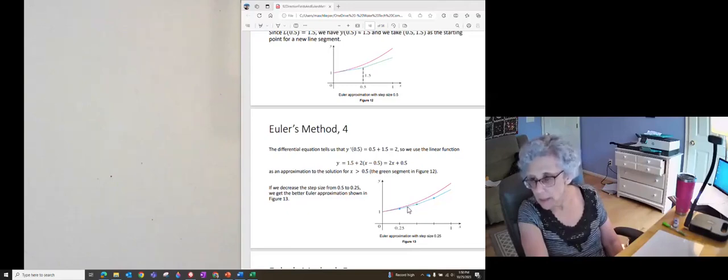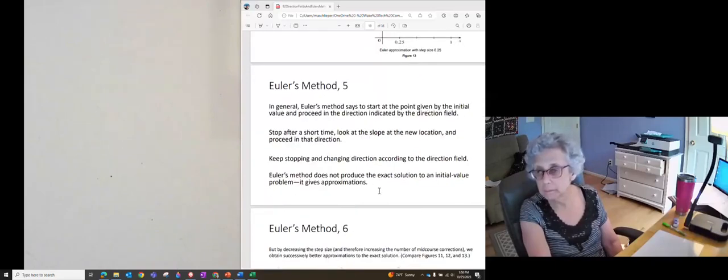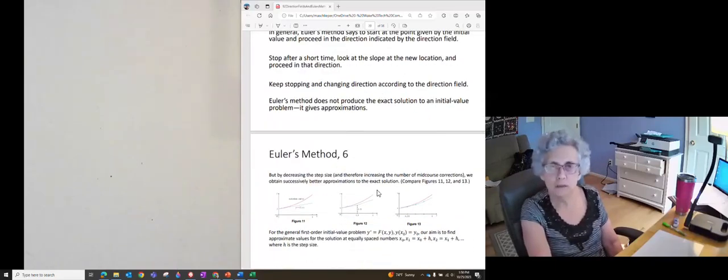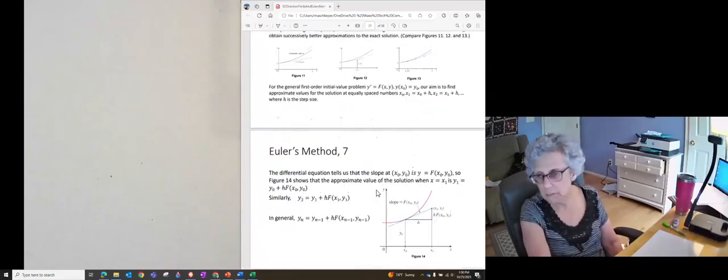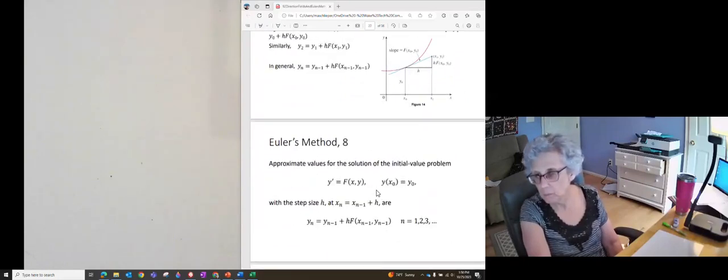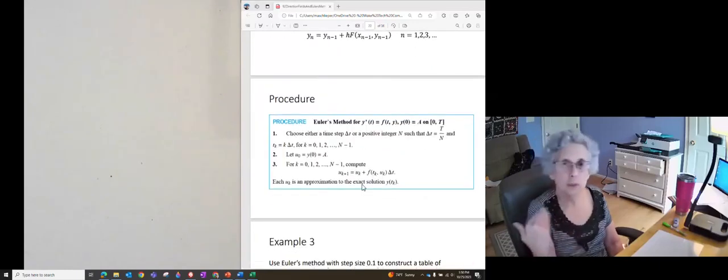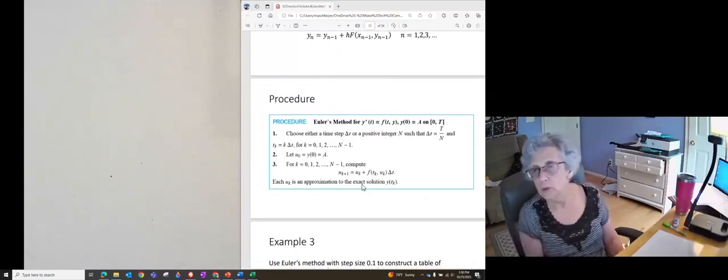So you can see your line segment here. It starts, and we did an approximation with step size 0.25. You're drawing a bunch of little tangent lines for approximate values.